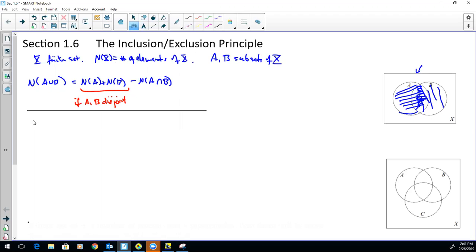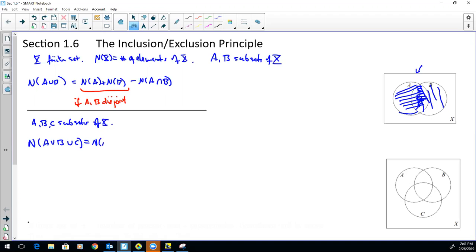Now let's suppose we have 3 sets. Now, what's in the union of A, B, and C? Let's start out like we did before.